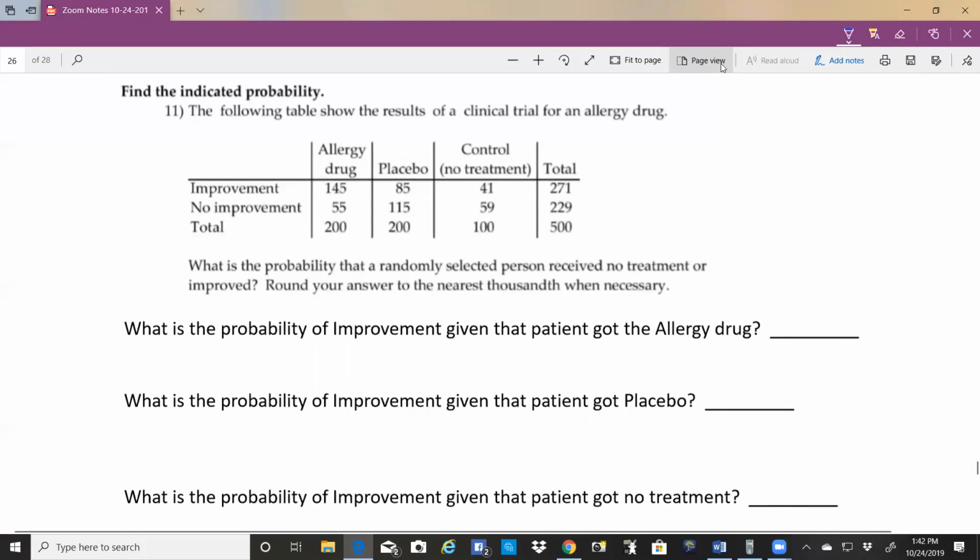Here we have a clinical trial for an allergy drug, and we look at those who were given the drug, those who were given a placebo, and those who were given no treatment, and counted how many improved and how many had no improvement. These are the totals of everything. So what's the probability of improvement given that the patient got the allergy drug?